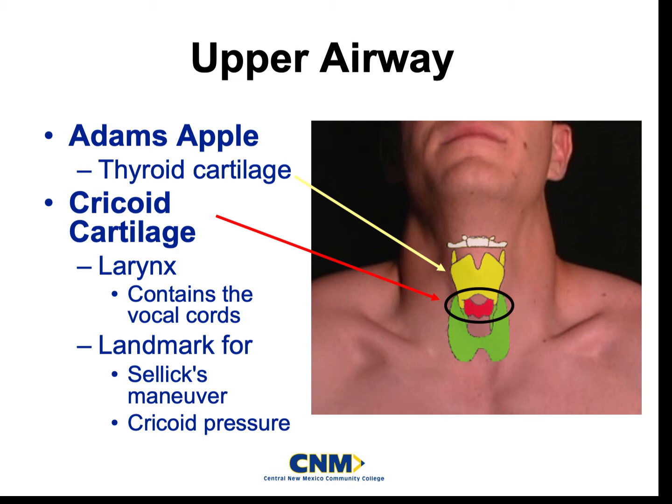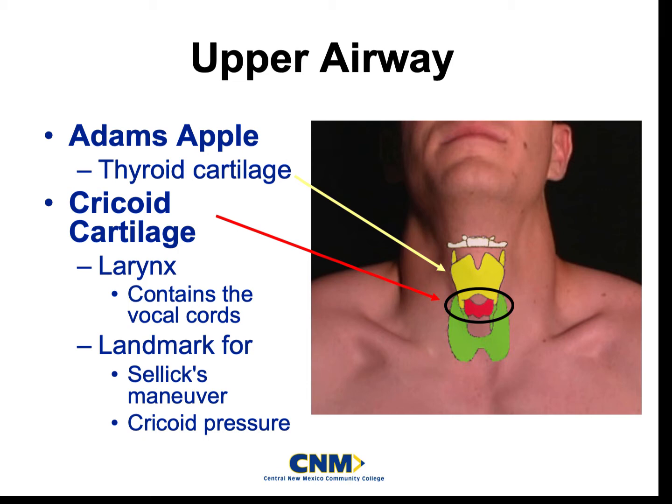The larynx, again, contains your vocal cords, and this also shows the landmarks for something called the Sellick's maneuver, which is something that we're going to train you guys to do in order to help out your paramedics when they are intubating a patient. This is a mnemonic that we actually use called BURP. Stands for backwards, upwards, rightwards pressure.